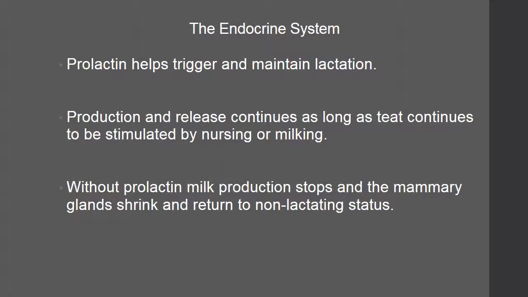When that young, for whatever species, is weaned, then gradually prolactin will decrease and lactation will cease. Without prolactin, milk production stops and the mammary glands shrink and return to very near non-lactating status.